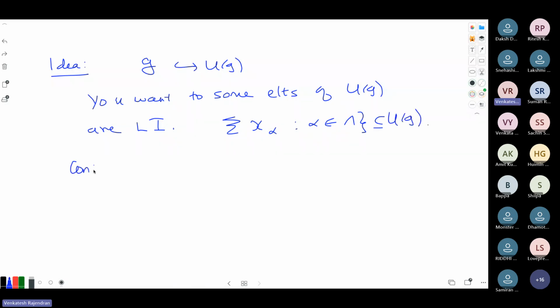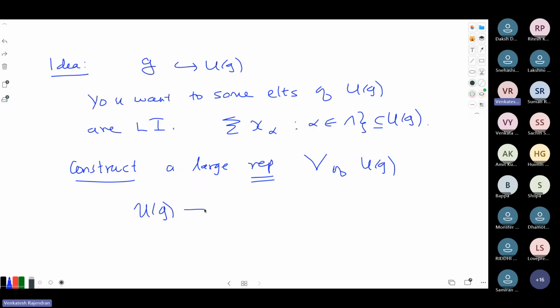Then what you do is construct a very large representation, let's call it V, of UG. Constructing a representation of UG is the same as constructing a representation of G, so you have a map from UG to GL of V. This is not some random representation, but a particular one.